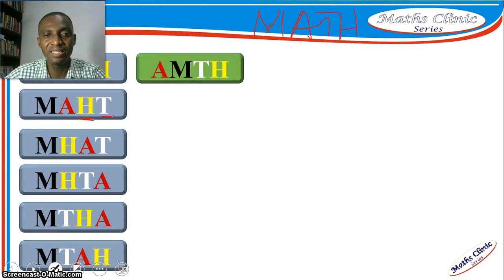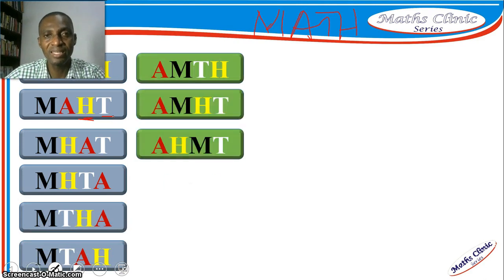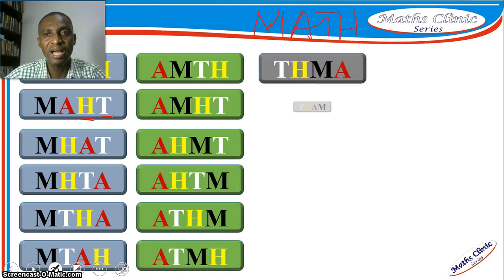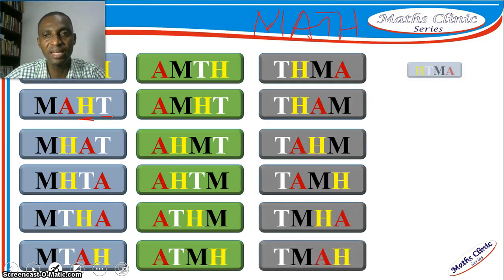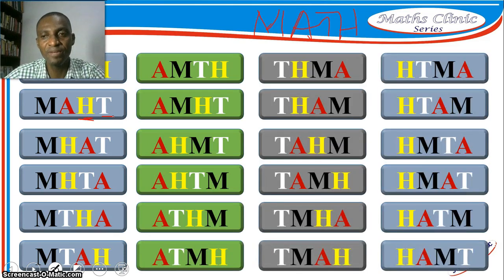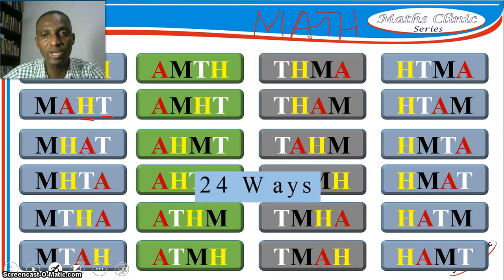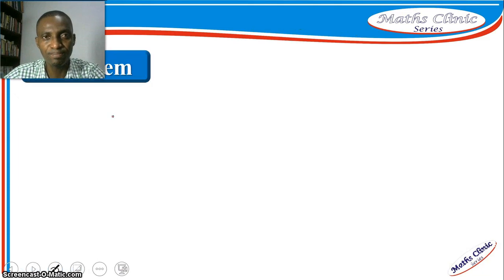Having M starting can give 6 arrangements, having A starting can also give 6, having T starting can give 6, and then H can also come in for 6. Altogether, we have 24 ways of arranging the word math. That is, having 4 letters with none repeating can be done in 24 ways.